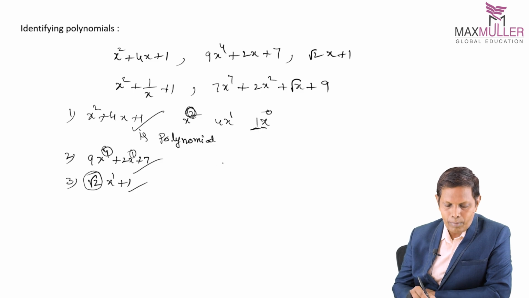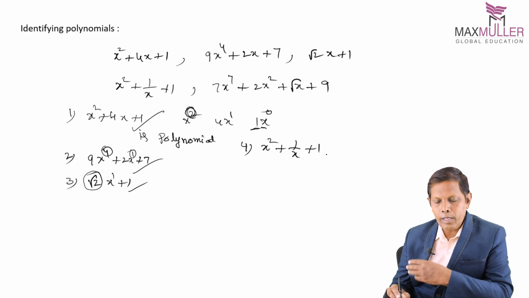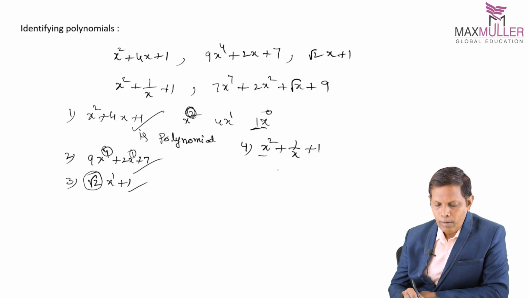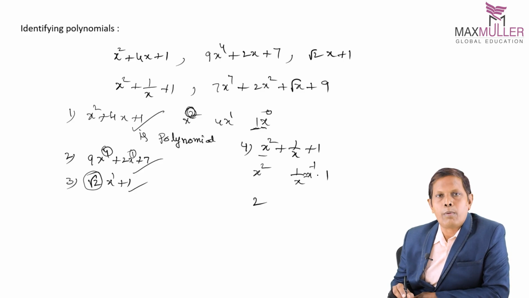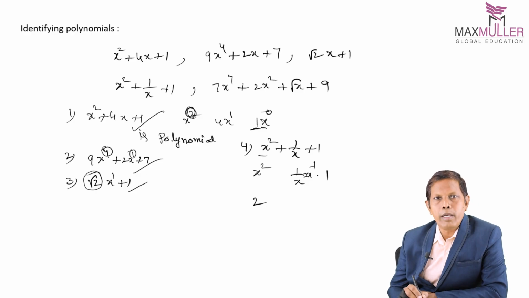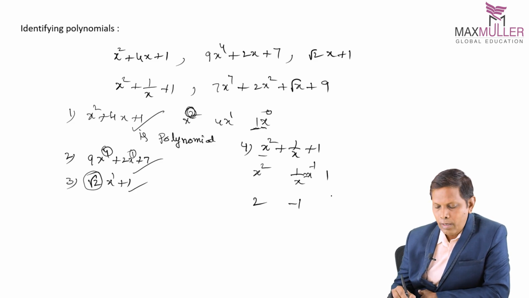If I take the fourth one, x square plus 1 by x plus 1: the first monomial is x square, the second is 1 by x, and the third is 1. The degree of the first is 2. The second, 1 by x, I can write as x power minus 1, so its degree is minus 1.